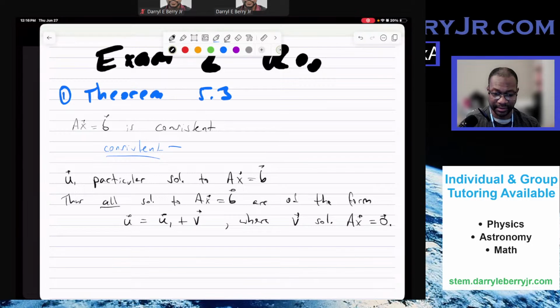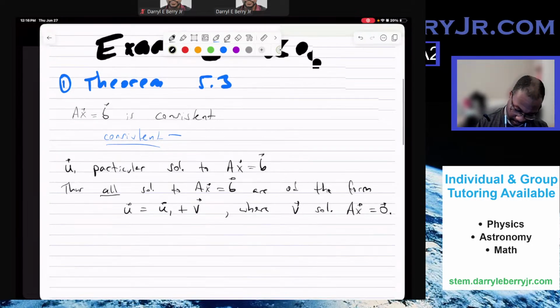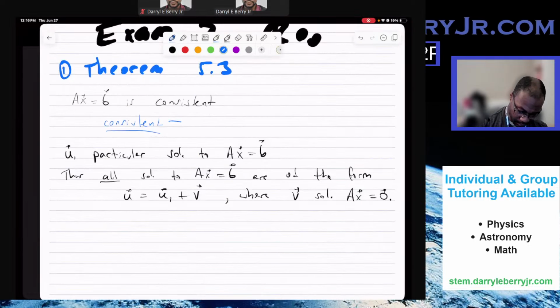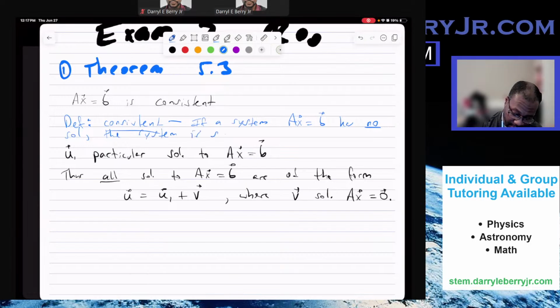Right? So it says about the consistency definition. If a system of equations AX equals B has no solutions, the system is said to be inconsistent.